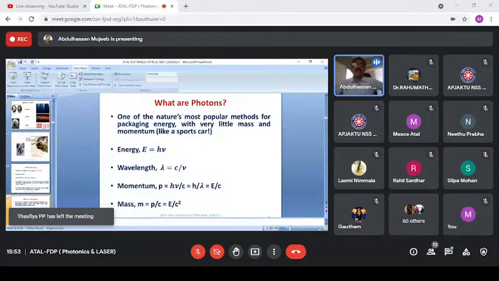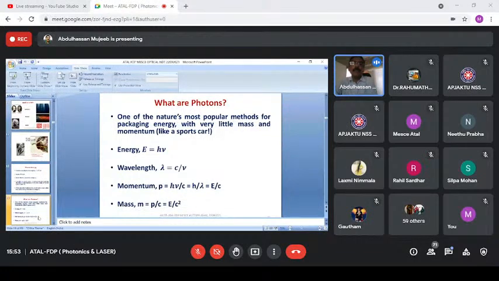These are the 4 fundamental equations that we require for photons. Photons are one of nature's most popular methods for packing energy with very little mass and momentum, just like a sports car. Energy E is equal to h nu is the first equation. Wavelength lambda is c by nu.